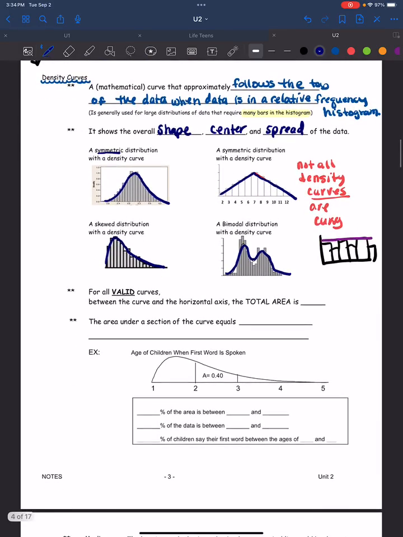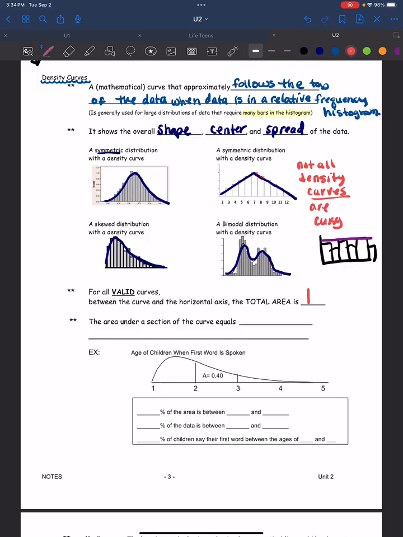Now, something we need to know about all density curves is that the total area that the data spans or takes up is always 1. Because we're talking about percent, it's 100% of the data.